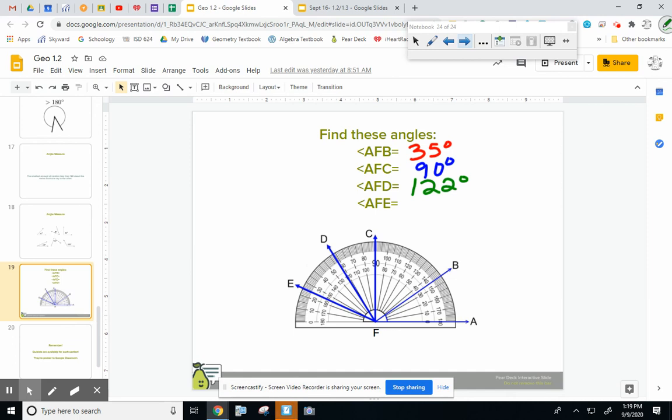I'm just estimating. I didn't put the 58 because it is an obtuse angle. And then AFE, I get an angle measure of 160? No, 155 degrees. Okay, so ask your teacher if you're still confused on how to work your protractor.